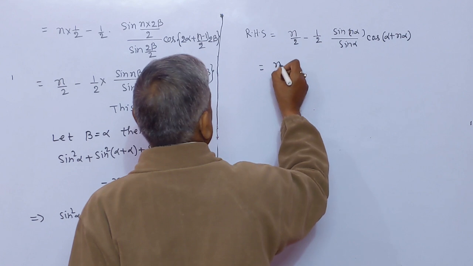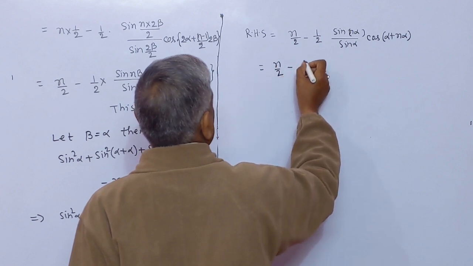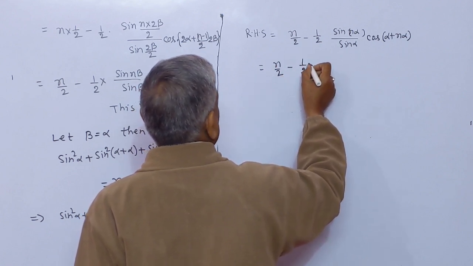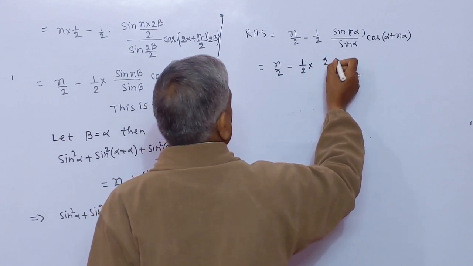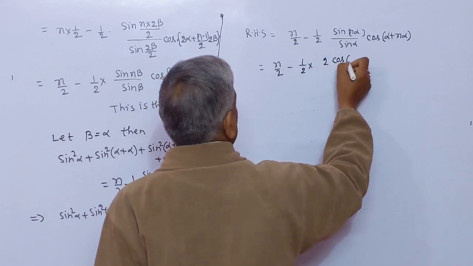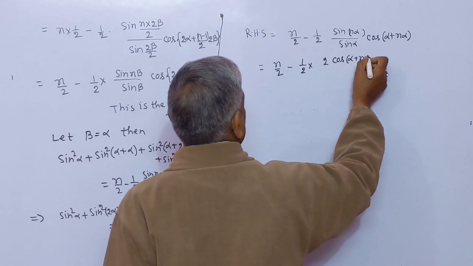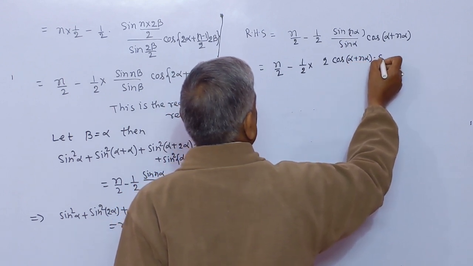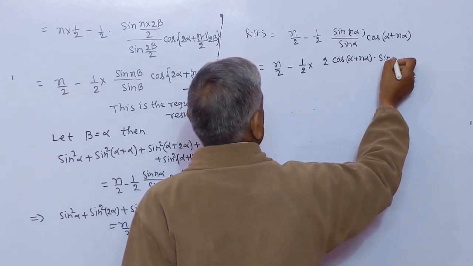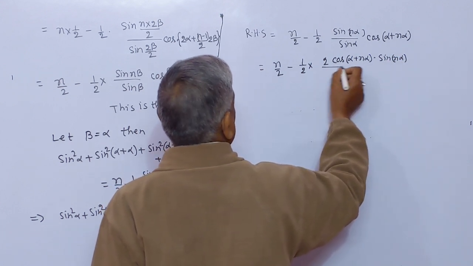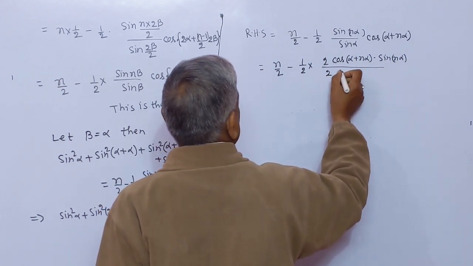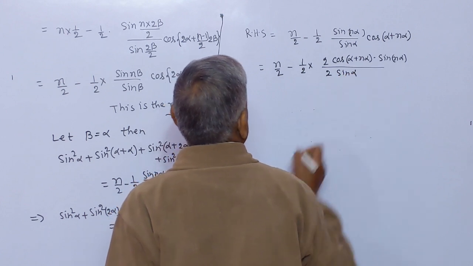This is equal to n by 2 minus half, multiply 2 cos (n plus 1) alpha multiply sine n alpha by 2 sine alpha.